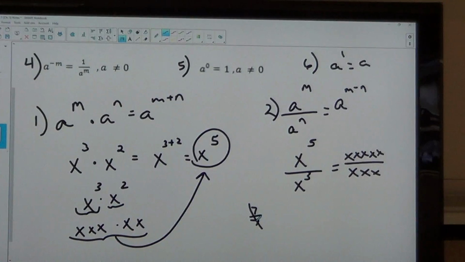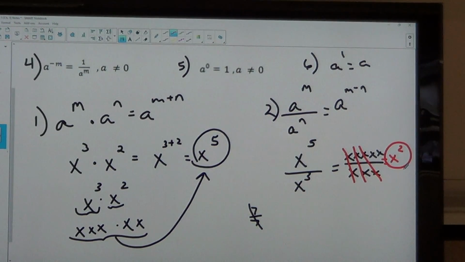It cancels out, right? So what should happen to this x over x? And what should happen to the next x over x? And the next x over x? So how many x's am I left with? 2. So my final answer should be x to the 2nd. And what did I really do? I subtracted the 2 exponents. I did x to the 5 minus 3 and got the same thing. That's what that property says.